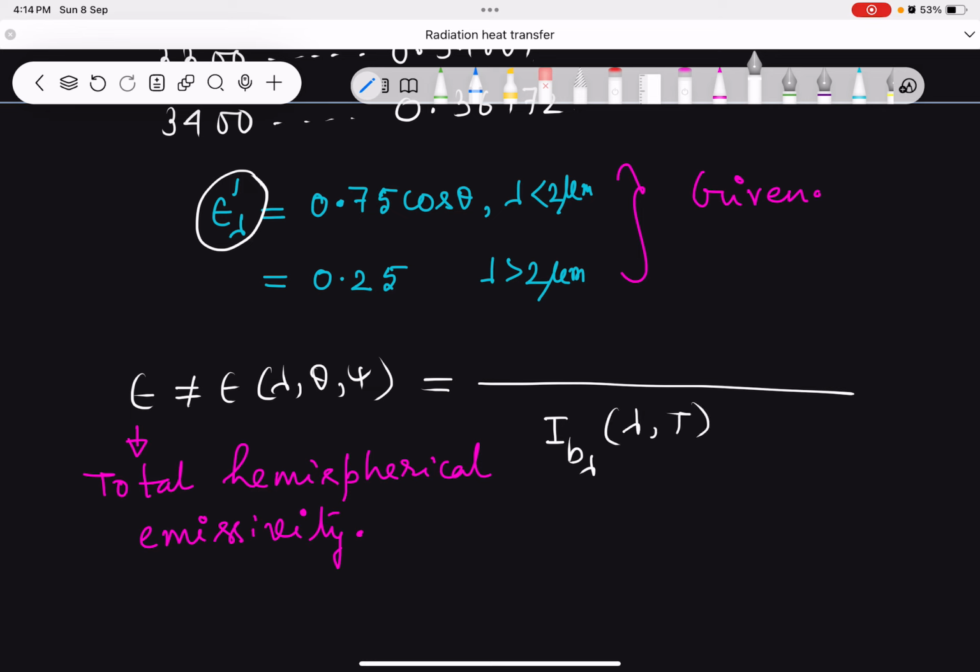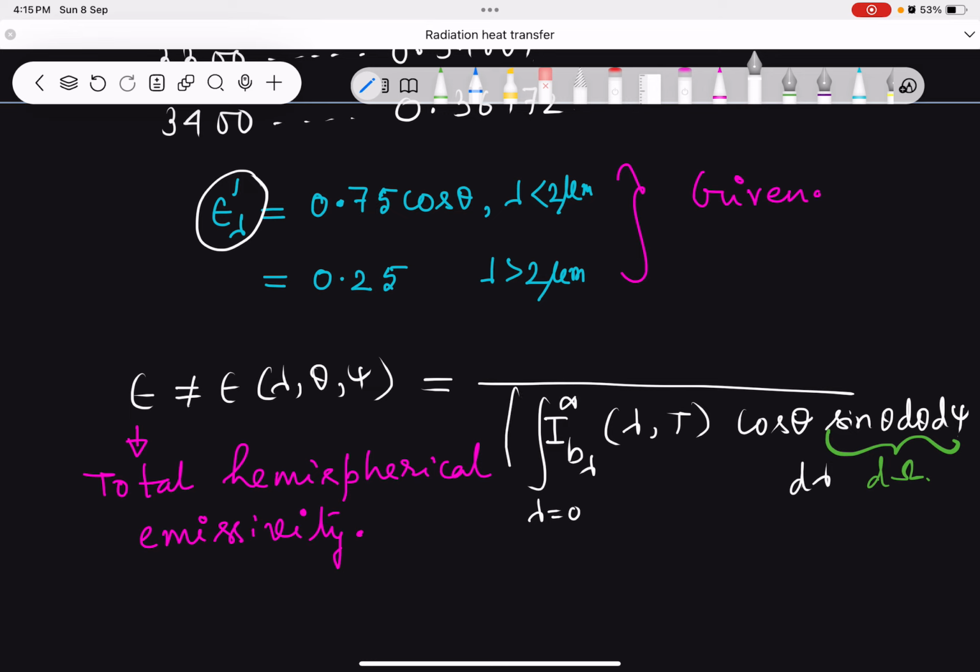Into all directions, so cos theta and sin theta d psi. We know that this is our solid angle d omega, and we also have to multiply with d lambda. We have to integrate from lambda equal to 0 to infinity, and also integrate over omega for a hemisphere.